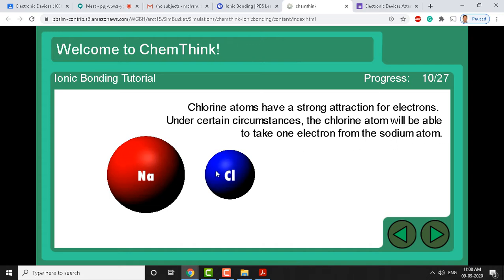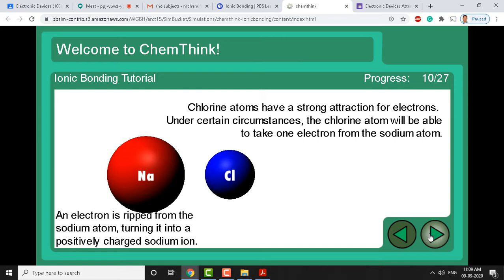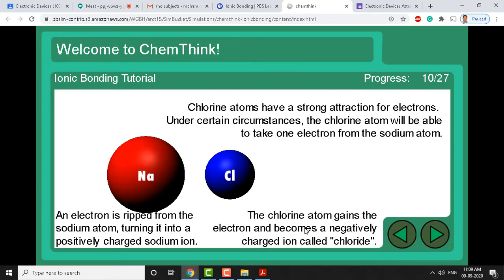So this chlorine will take one electron from the Na, and this becomes negatively charged. An electron is ripped from the sodium atom, turning it into a positively charged ion. This Na becomes Na plus and Cl becomes Cl minus. The chlorine atom gains the electron and becomes a negatively charged ion called chloride.